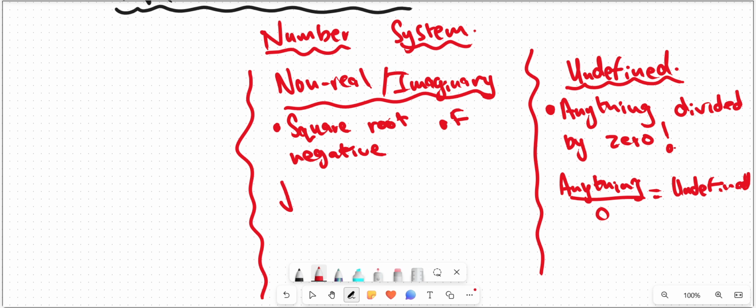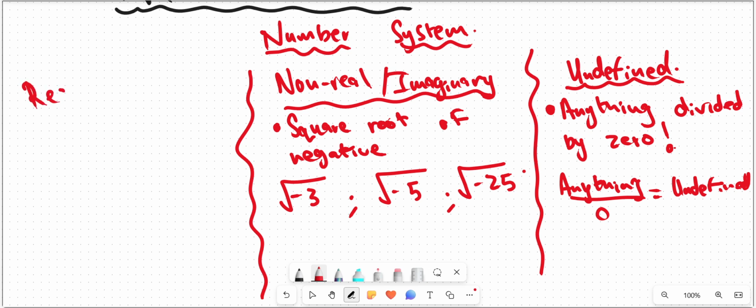So how does that look like? Square root of a negative 3, square root of a negative 5, square root of a negative 25. All of these are examples of something that is imaginary, so something that is non-real.